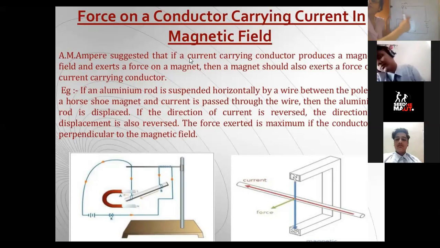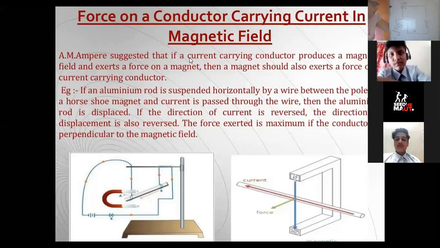Due to the presence of this magnetic field because of the U-shaped magnet, once the current flows through AB, it will experience a force, right? And because of that force, it will come in motion.